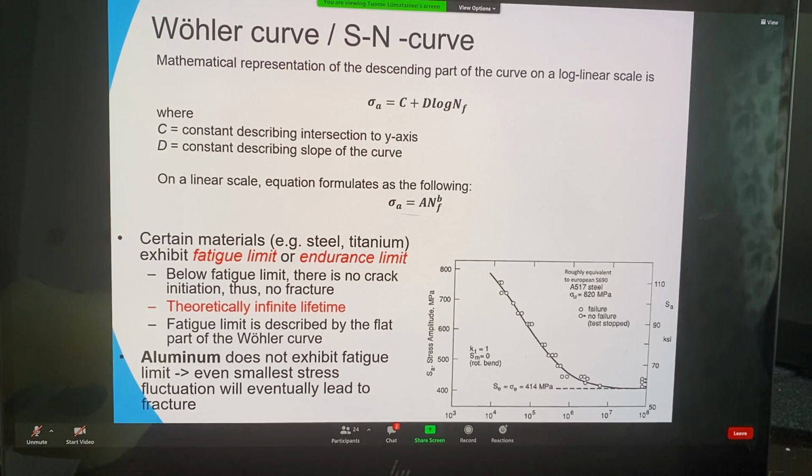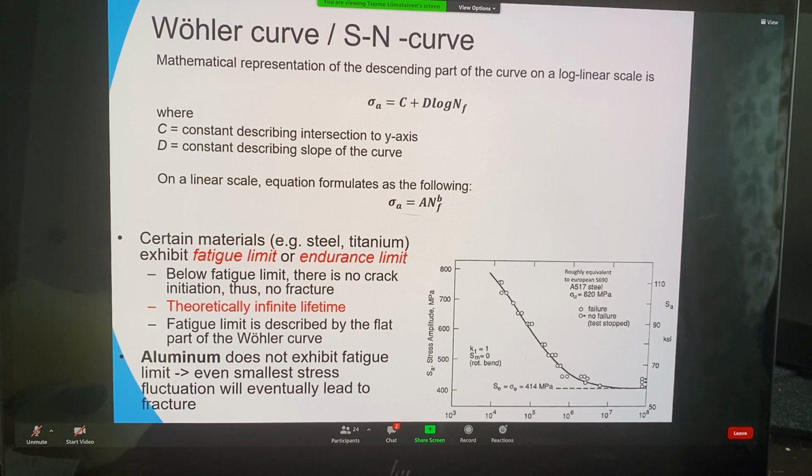If we have it on a log-linear scale, the equation as shown above is σ_A = C + D log(N_F), where C defines the constant that describes the Wöhler curve intersection with the y-axis. D is then the constant that describes the slope of the curve, and N_F is of course the variable on the x-axis, the number of cycles to failure.